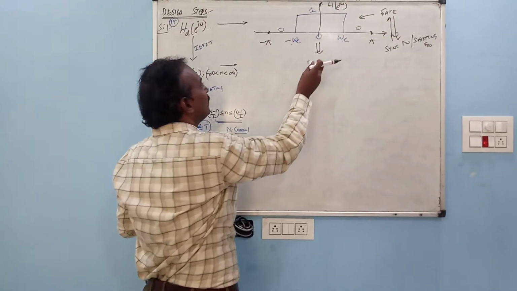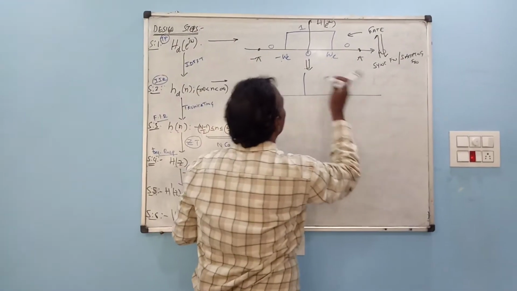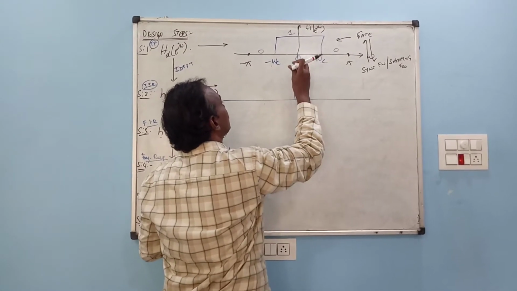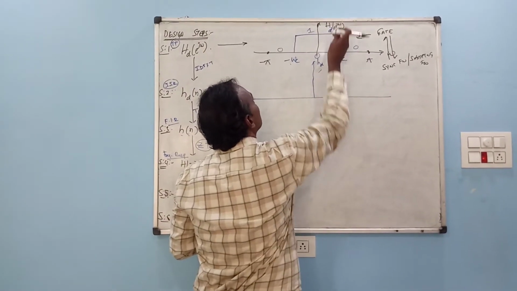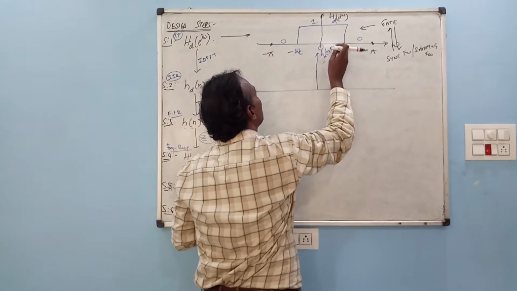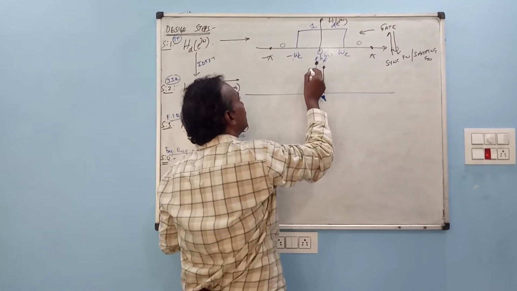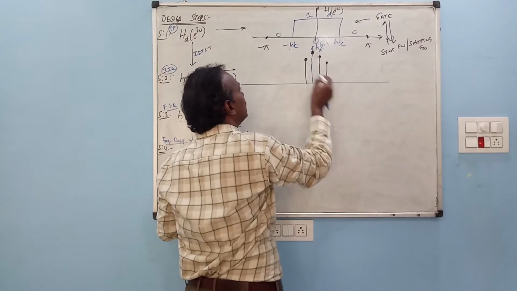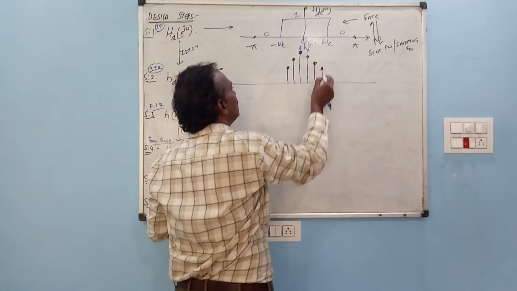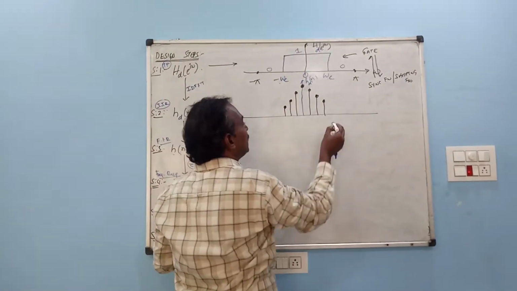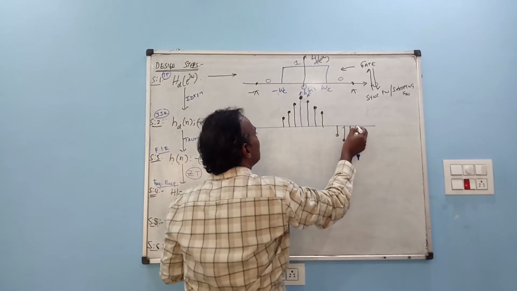If I try to draw the sinc function, this is capital HD, small hd of n. Let me take a sinc function. The amplitudes are decreasing.